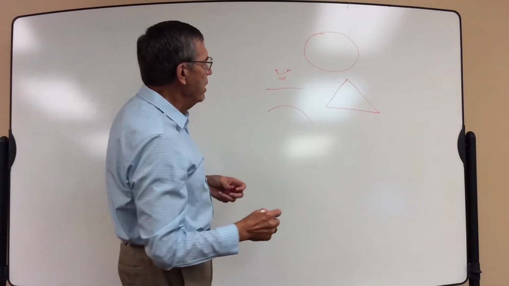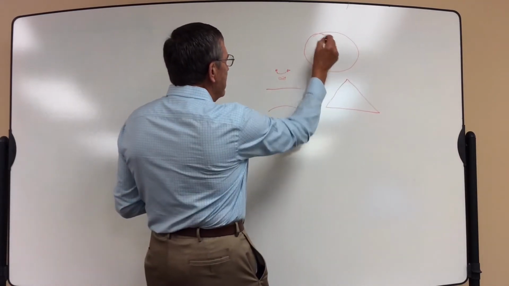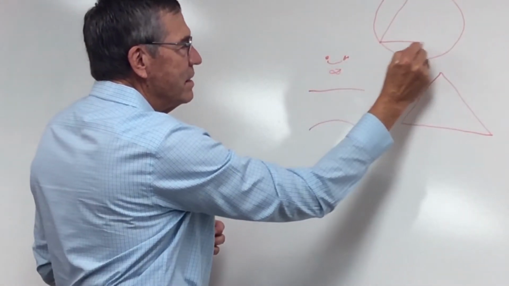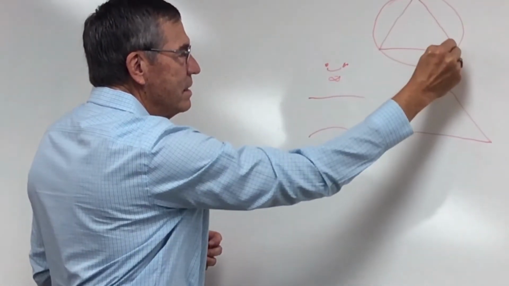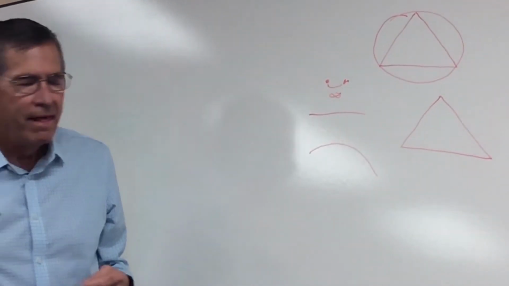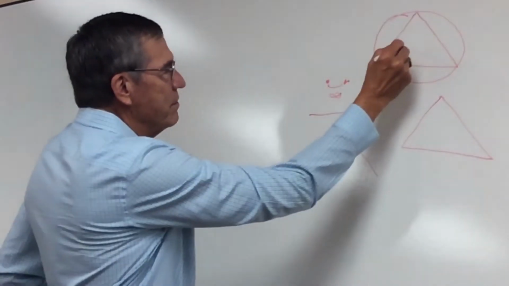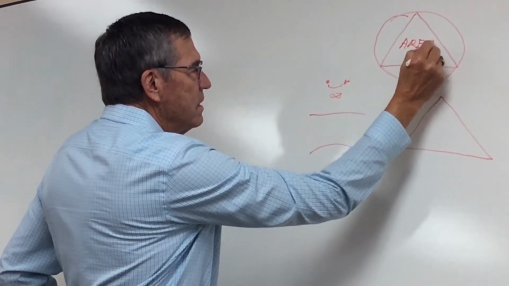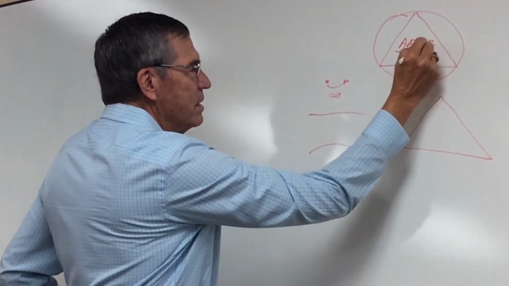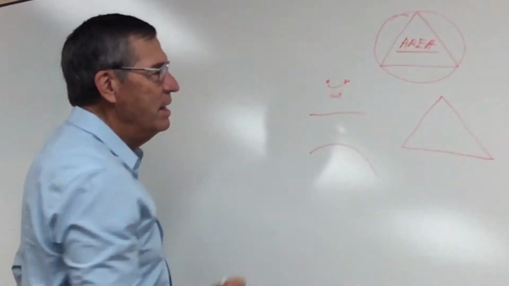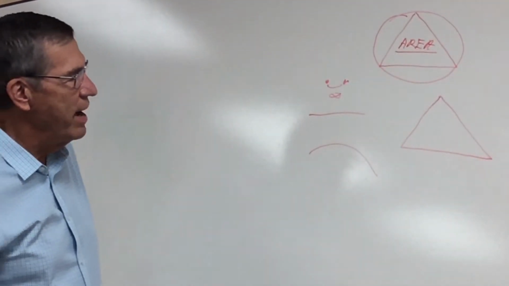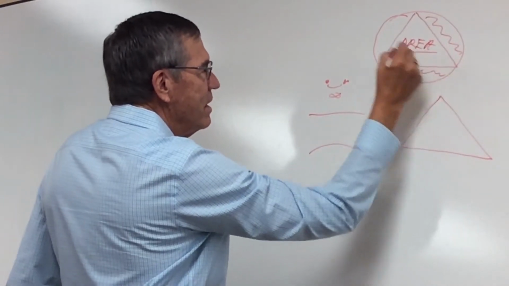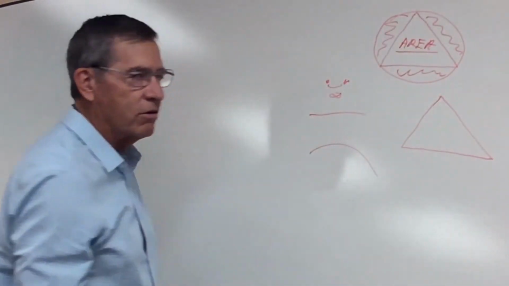So what we're going to do is put a shape like this inside the circle, and then we're going to ask ourselves, there's an area taken up by the equilateral triangle, and then there's area outside here that only belongs to the circle.